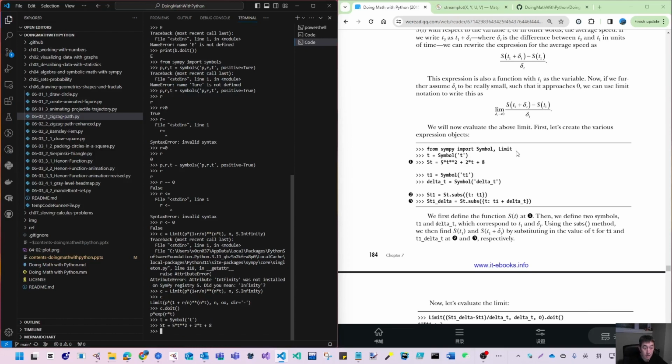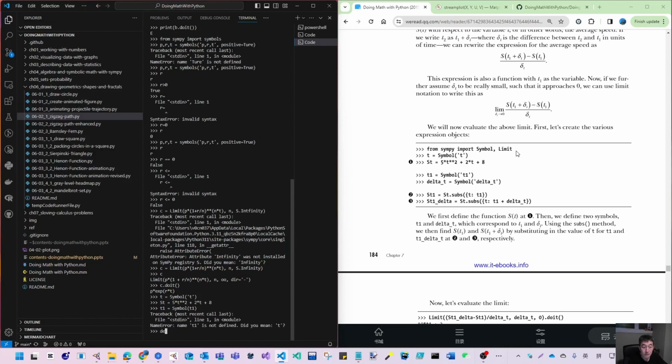Next we say t1 is a symbol, and delta t is another symbol.